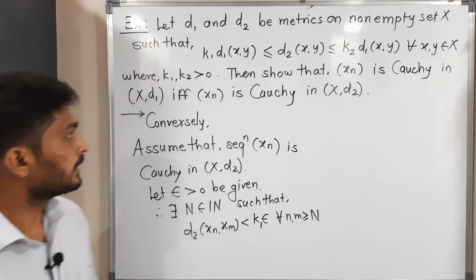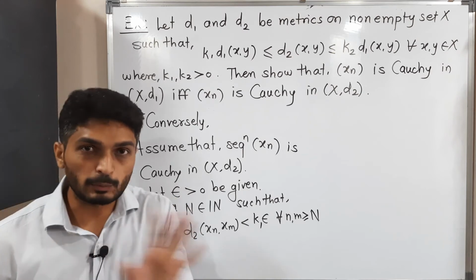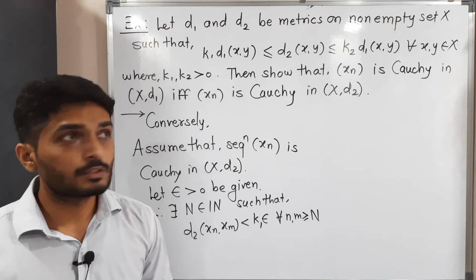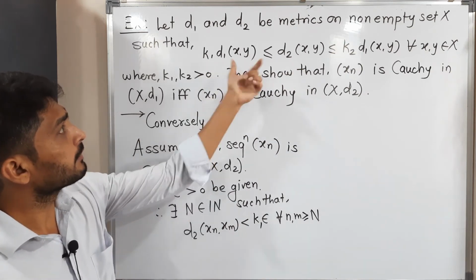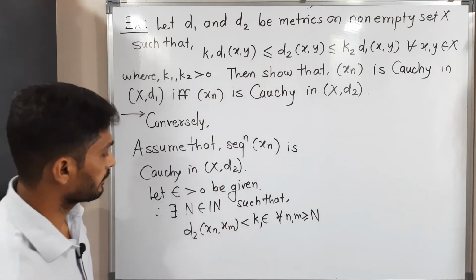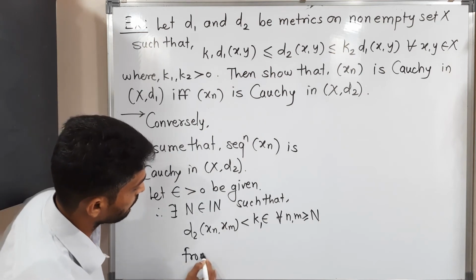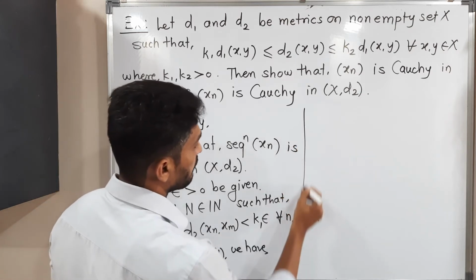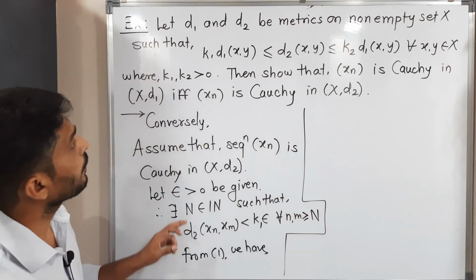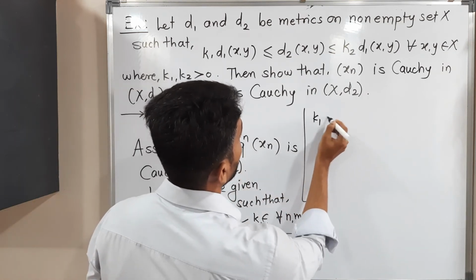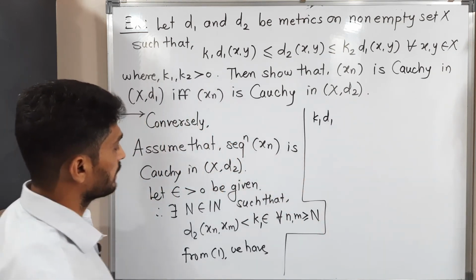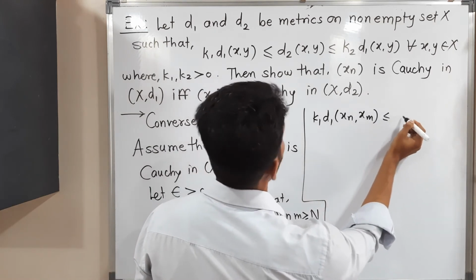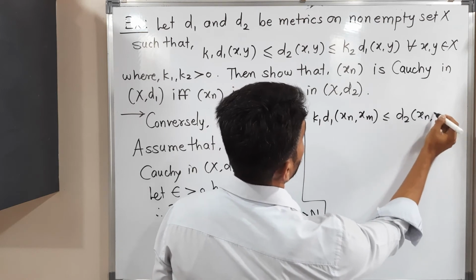If I use equation 1, actually I removed equation 1, but as in the question you can see that equation we have. So if I use it, what will I have? From 1 we have K1 D1 of Xn, Xm less than or equal to D2 of Xn, Xm.